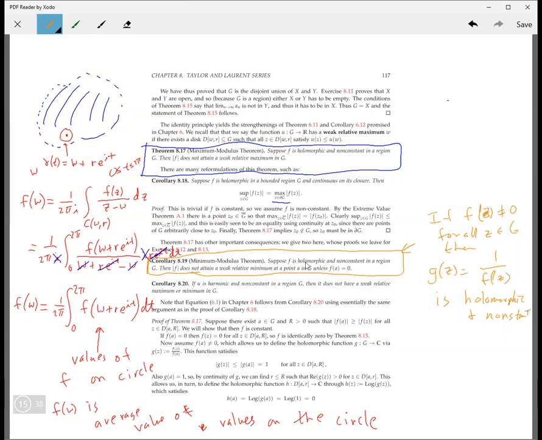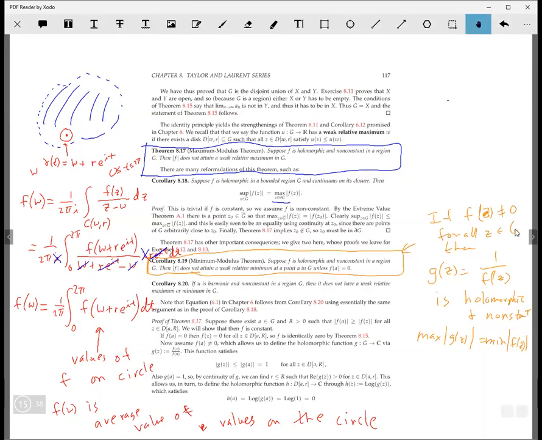If f is holomorphic and non-constant, and f of z is not equal to 0 for all z in G, then g of z, which is 1 over f of z, is holomorphic and non-constant. Then you can apply the maximum modulus principle to g of z. But the maximum for g would be the minimum for f. So the minimum for f of z would be the maximum for g of z.